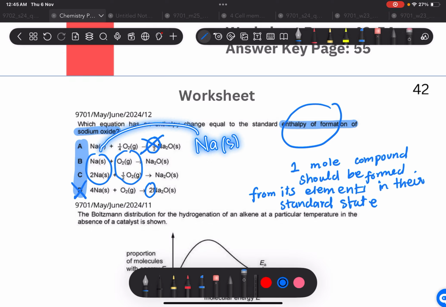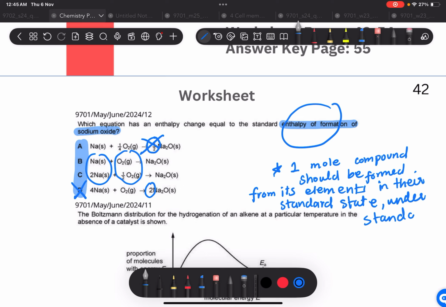So that's good to go. It's a solid, and the standard state of oxygen is a gas. So in both, the elements are in their standard state. So 1 mole of compound should be formed from its elements in their standard state under standard conditions. That means at room temperature, at 298 Kelvin. 298 Kelvin is your room temperature under standard conditions.